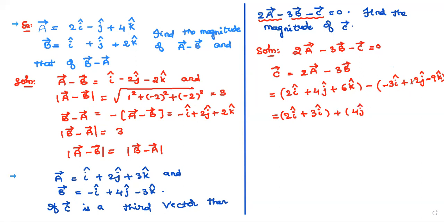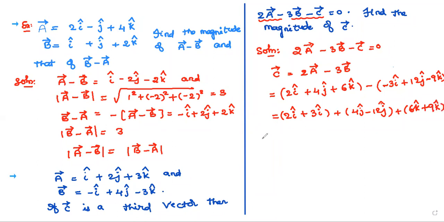And here minus of plus, minus 12J cap. This is 12, minus 12. And then followed by plus 6K cap. And here minus of minus, that is plus 9K cap.